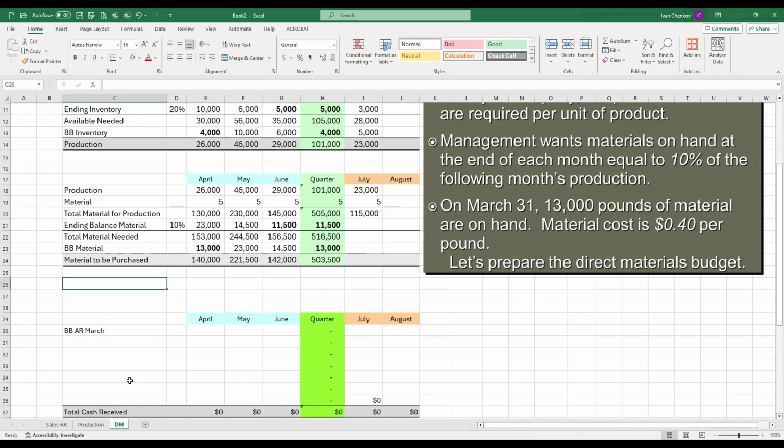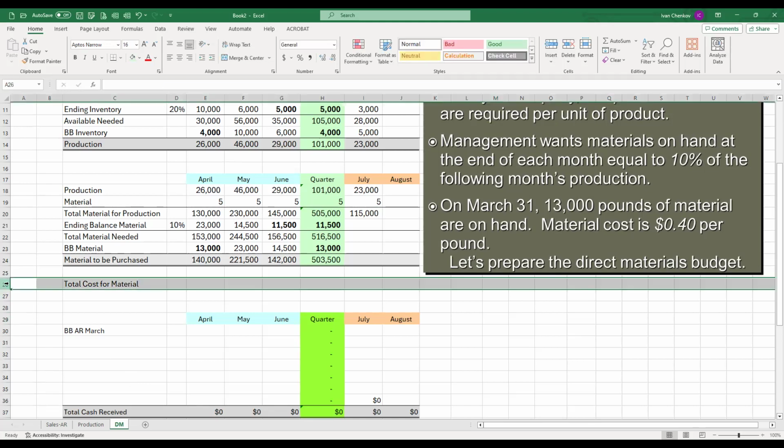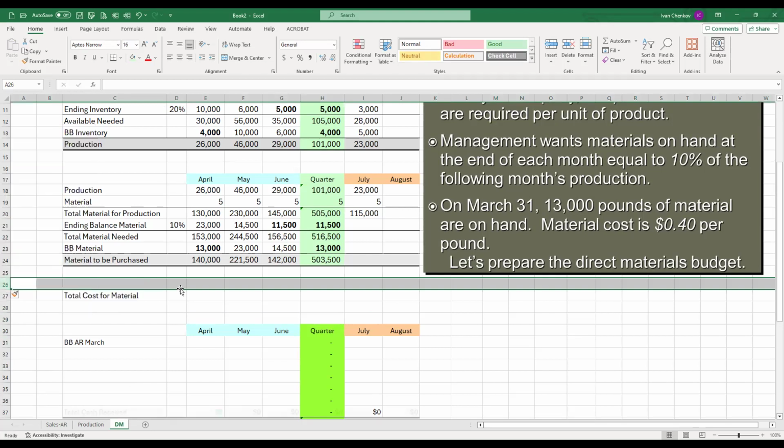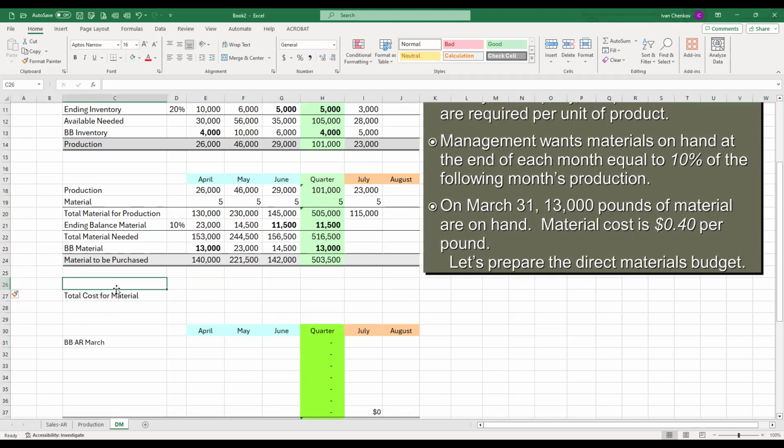So now what will be the total cost for the material? We need cost per pound. Our cost per pound is 40 cents. Correct?